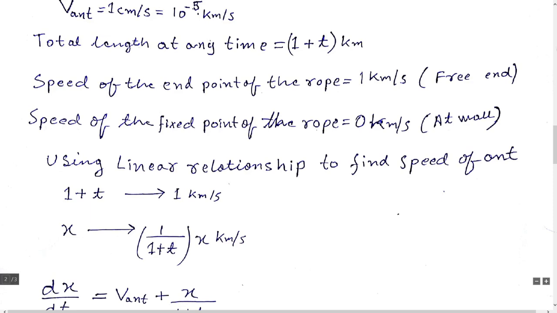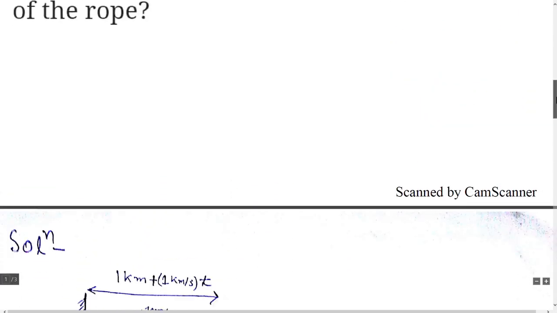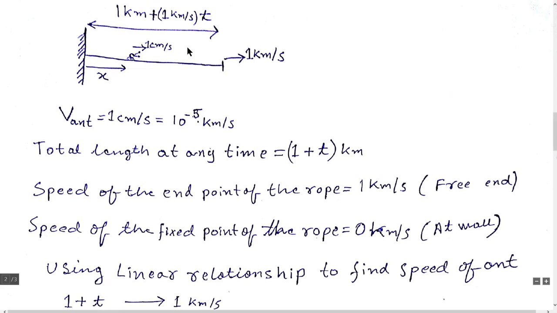Using a linear relationship, first of all, we need to understand that if the free end is moving with 1 kilometer per second and the other end is not moving at all, then the points on this super elastic rope must be moving with different velocities. The free end is moving with the highest velocity, and the points behind it have lower velocities, varying linearly from this point to this point.